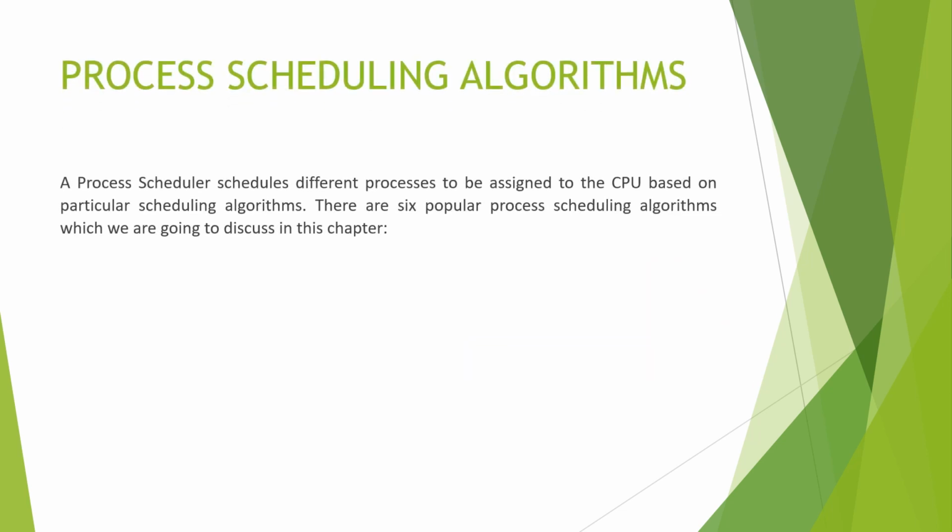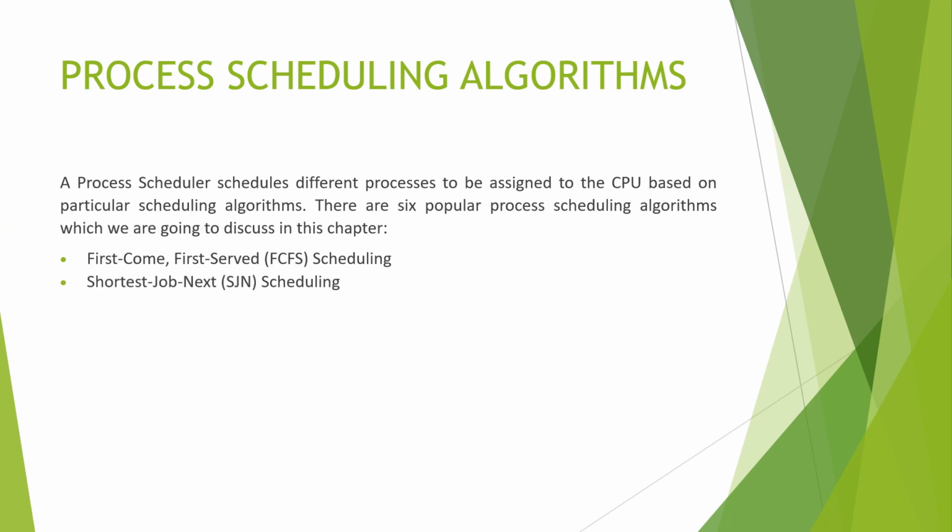A process scheduler schedules different processes to be assigned to the CPU based on particular scheduling algorithms. There are 6 popular process scheduling algorithms which we are going to discuss in this chapter. The first is the first come, first served scheduling algorithm.